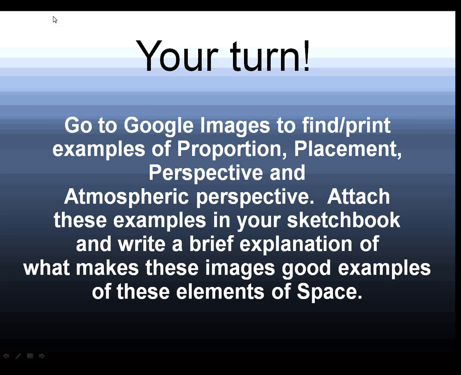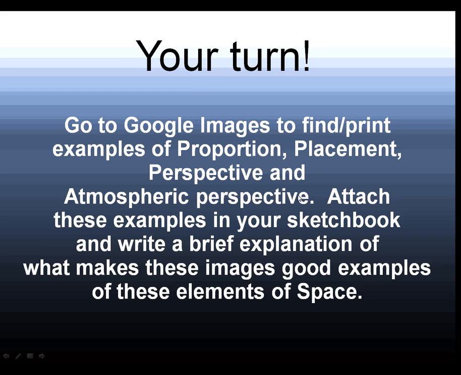You can go to the Google homepage, click on the tab up on the top that says Google Images, and just type in those terms: proportion in art, perspective in art, that kind of thing. Or another good thing to do is search for landscapes, cityscapes, things like that. Find some pictures that are examples of proportion, placement, perspective, and atmospheric perspective.